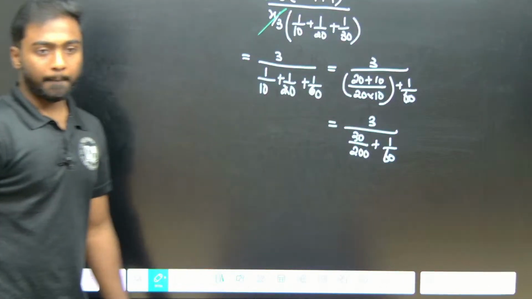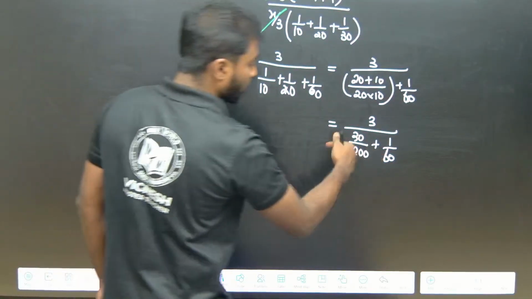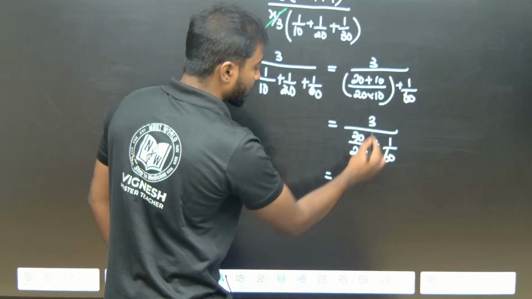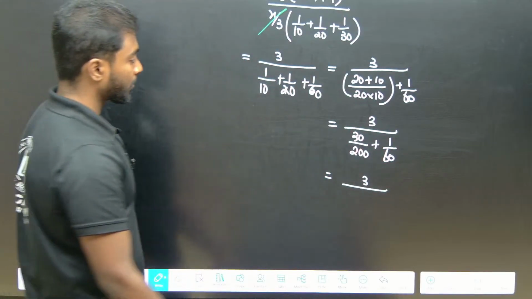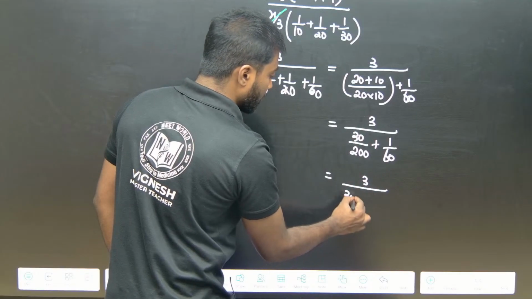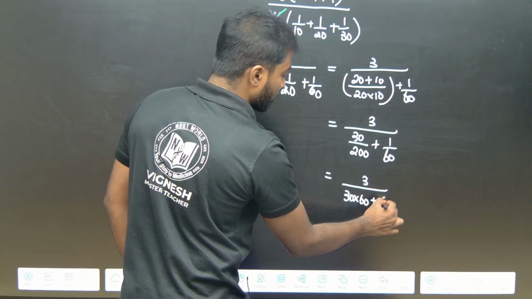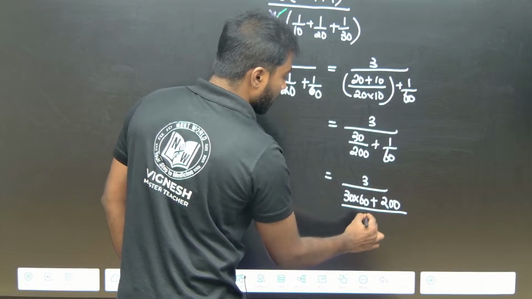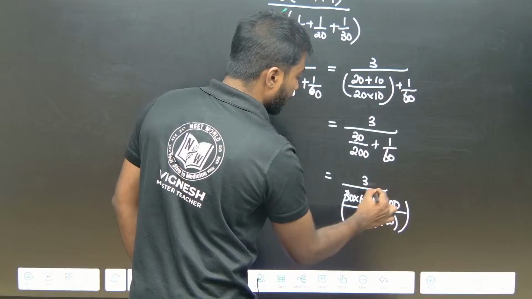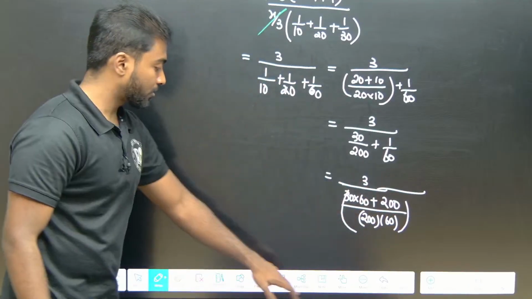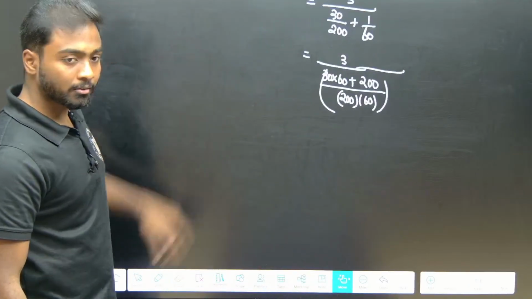Now again cross multiply this. So how much will I get? 3 divided by 30 into 60 plus 200, divided by 200 into 60. Only the numerator is 3.